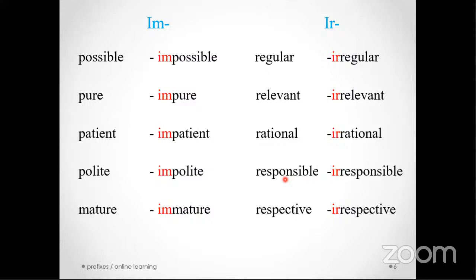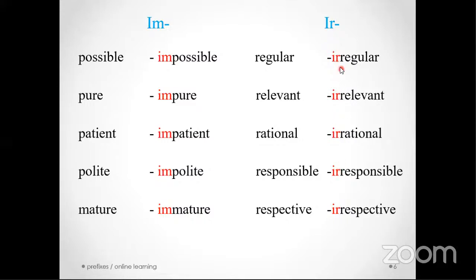Next word is responsible, wagakimak ati. With the prefix, it becomes irresponsible, wagakimak nometi. Responsible, irresponsible. Here also you can see all these words are starting with the letter R, and we have added the prefix ir.